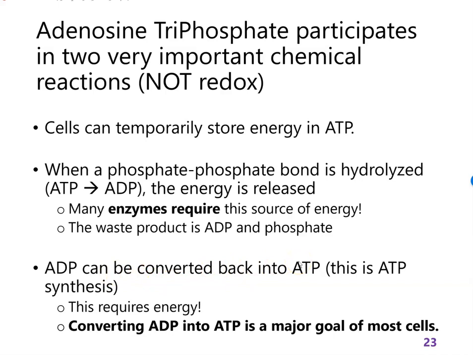But the thing is that source of energy, that ATP, is so useful to enzymes. So many different parts of so many cells have evolved to use this as a source of energy that every kind of cell is working all the time to convert ADP back into ATP. So to constantly have a store or stockpile of ATP. And cells go through this very quickly. They'll use up all their ATP and remake it very quickly.